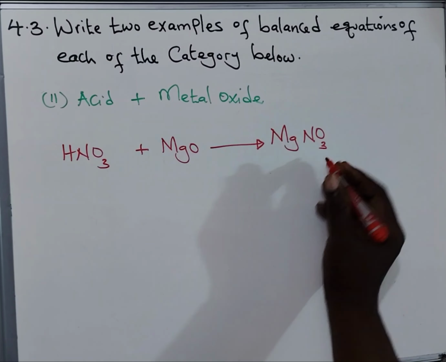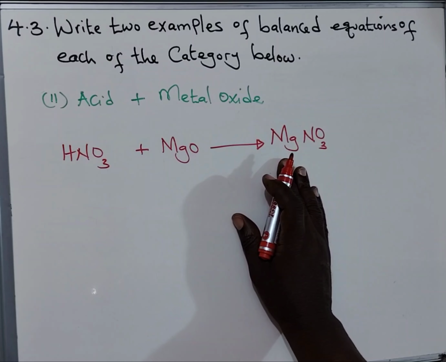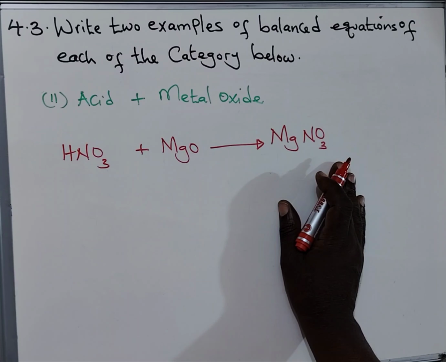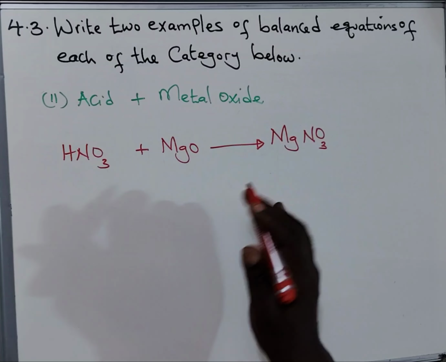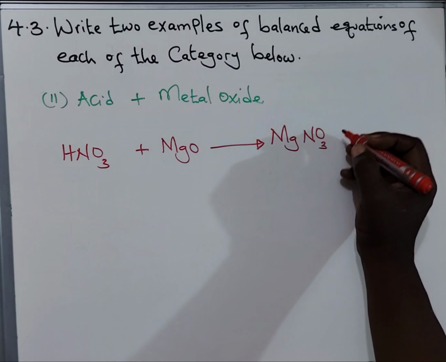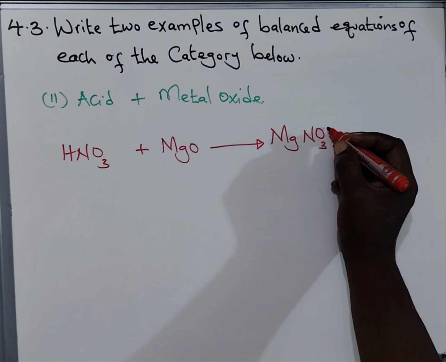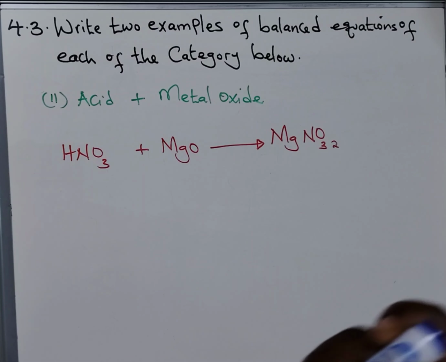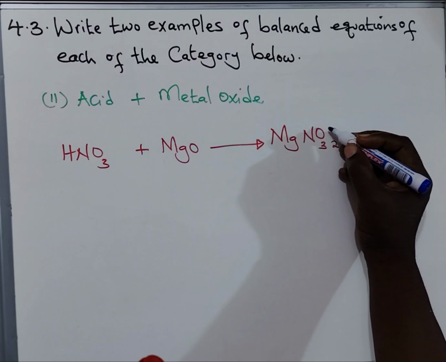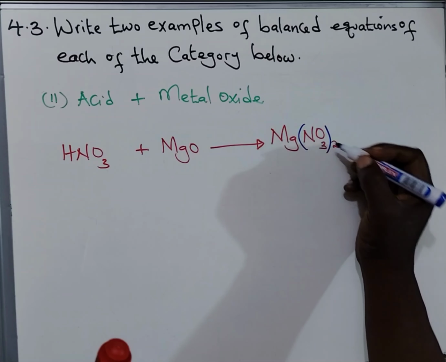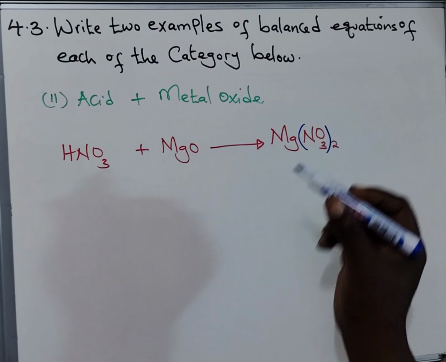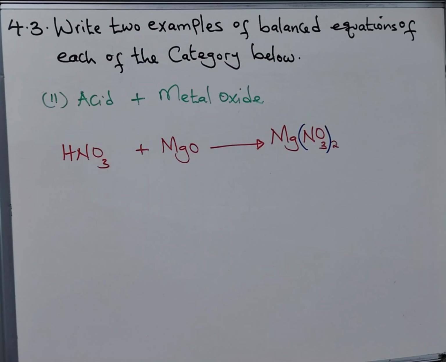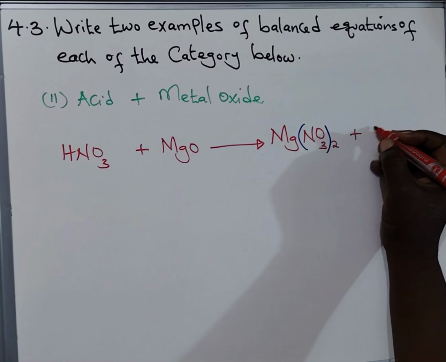Now here I need to remind you that magnesium is group 2, valence 2. Nitrate radical has valence 1. After exchanging the valence, you are going to have 2 here. And because 2 is on nitrate, you put a bracket to show that 2 is for nitrogen and oxygen. So from there, what is another product? Another product is going to be H2O.